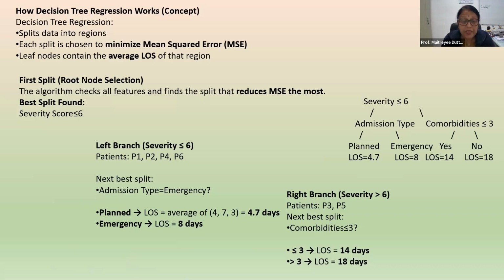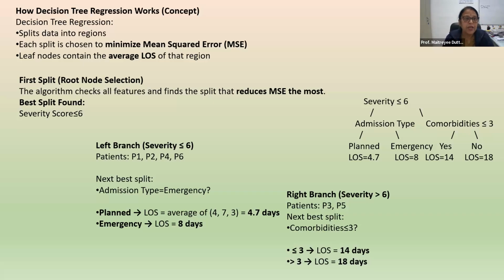It may happen that the whole model, once designed, may not be the best overall, but at each step it finds the best split. That's why it is greedy, finding the best split in each and every step. Maybe after making the whole model, it may not be the best model.